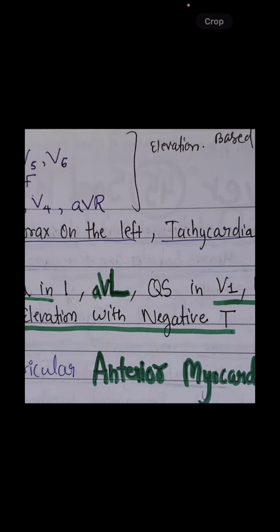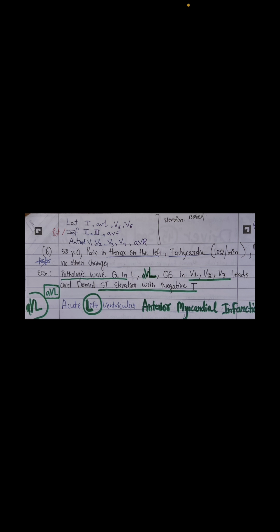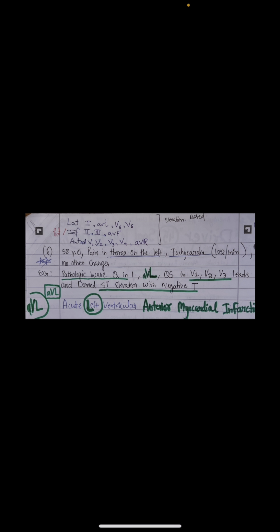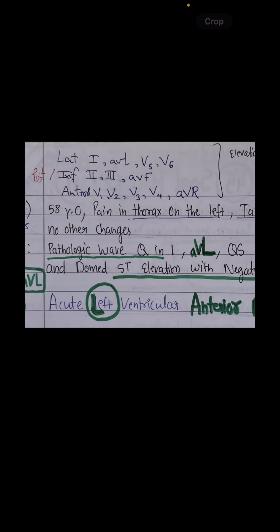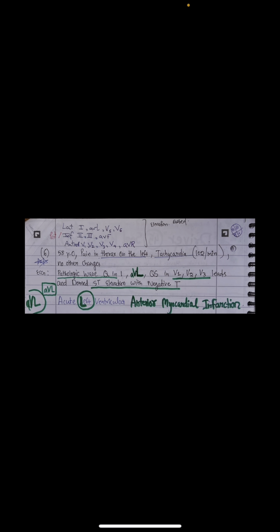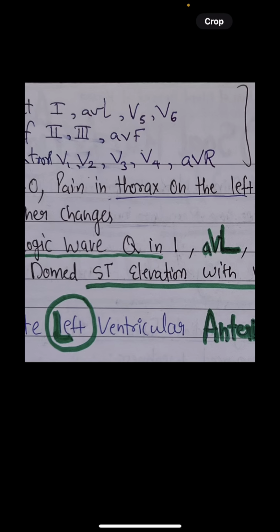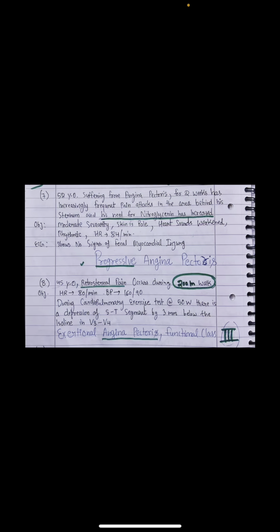They are elevation based, so it depends in which leads the segment is elevated. For this question, you can remember it by the AVL highlight itself, and since there is an ST elevation, this is a case of acute MI. Let's see the next patient.